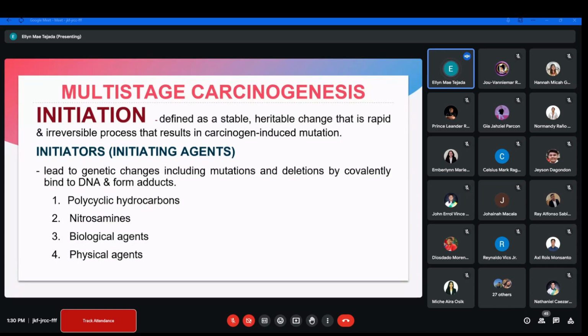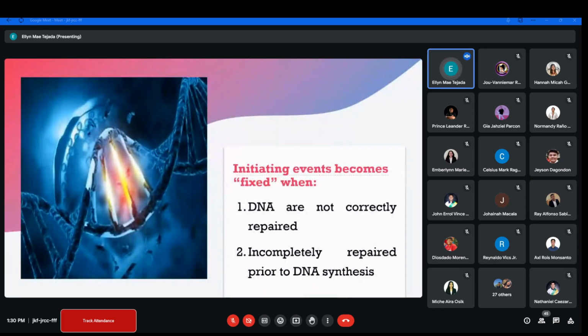Aside from that, the initiating event becomes fixed when the DNA adducts or other damage to DNA are not correctly repaired, or are incompletely repaired prior to DNA synthesis.